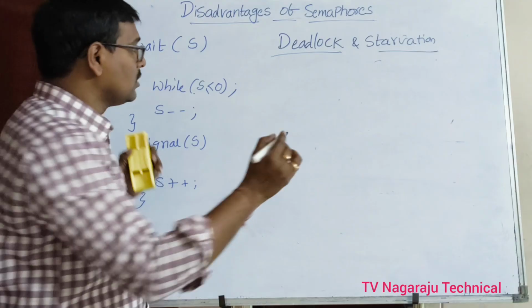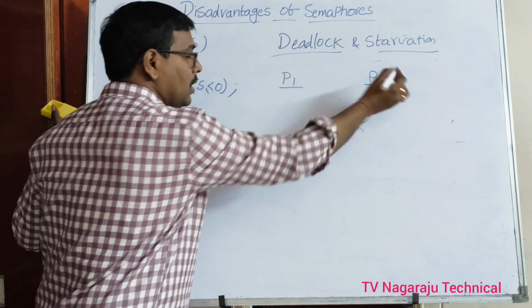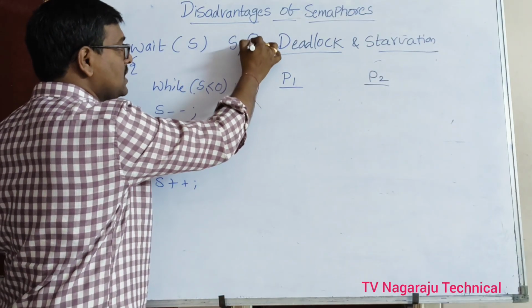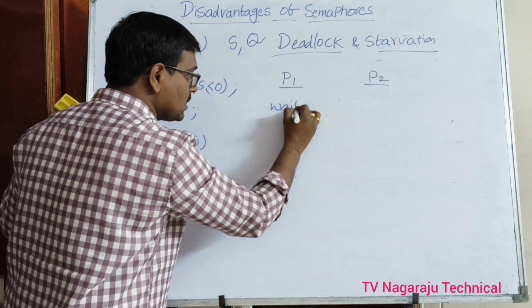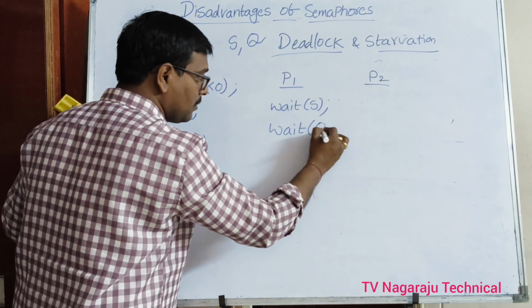What is deadlock? Assume we have two processes P1 and P2, and two semaphores S and Q. I have written some basic operations. Suppose this is the operation I wrote first, and then I will explain.